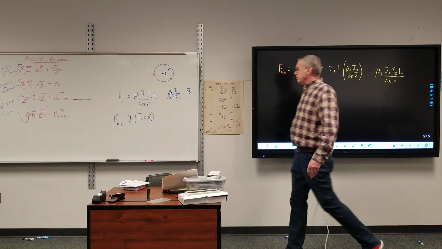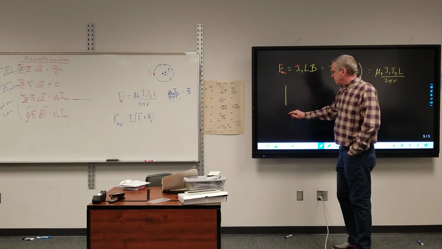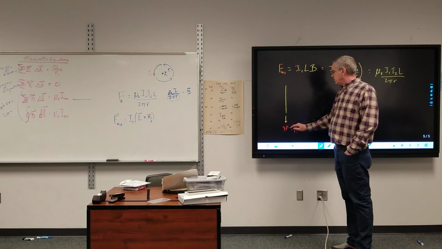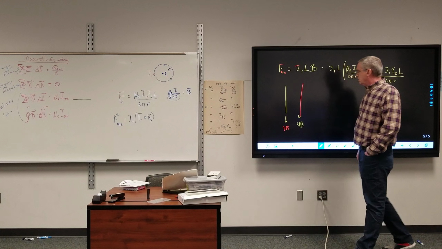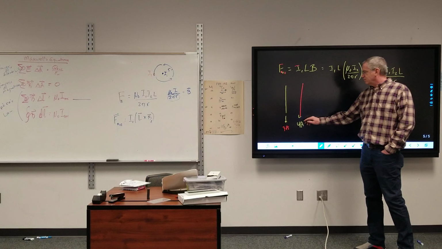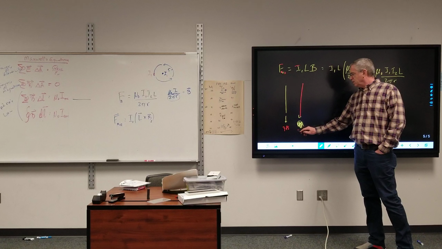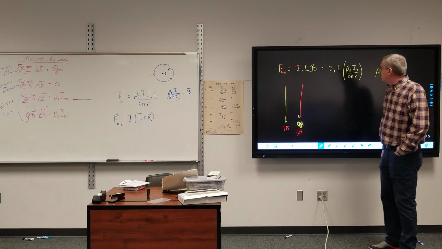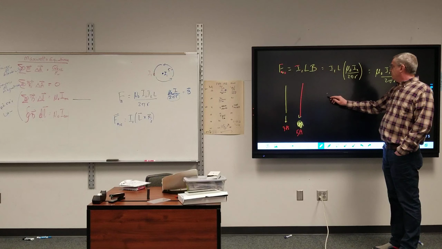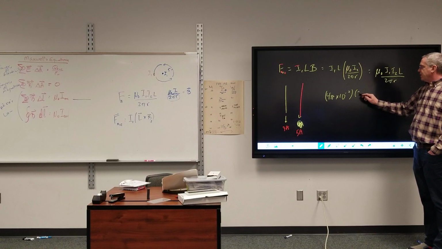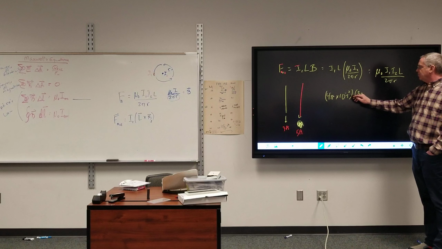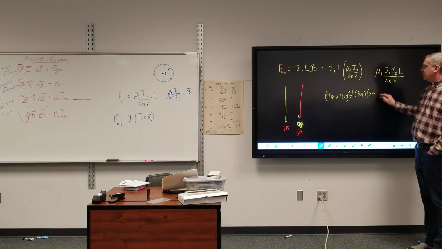Oh, I actually had numbers over there. Let's do that one again. So I had 3 amperes and 4 amperes, 5. Plug and chug: that's 4 pi times 10 to the negative 7, Tesla meters per ampere, times 3 amperes, times 5 amperes, times the length.